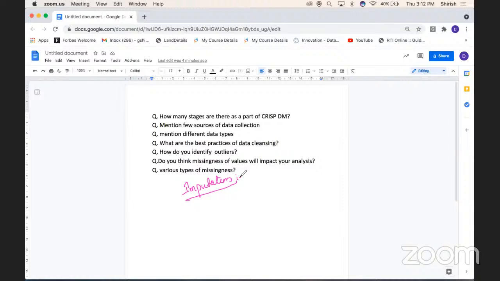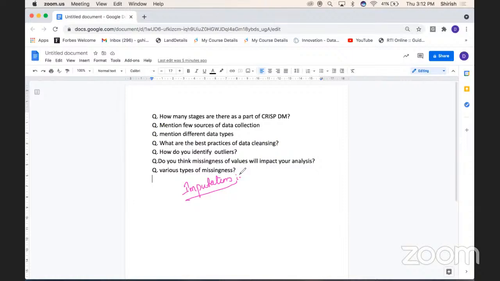See, generally, whenever you're talking about ML algorithms, what do you have to do? You will have numeric data, mostly numeric data. Sometimes maybe your target variable is categorical.